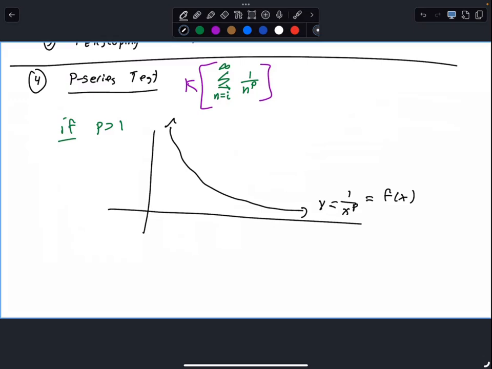When p is greater than 1, a sub n will always be positive, and a sub n plus 1 will always be less than a sub n, which is just a fancy way of saying what? Decreasing.